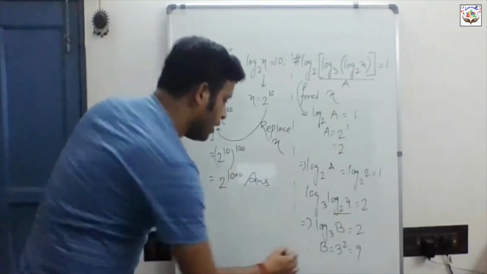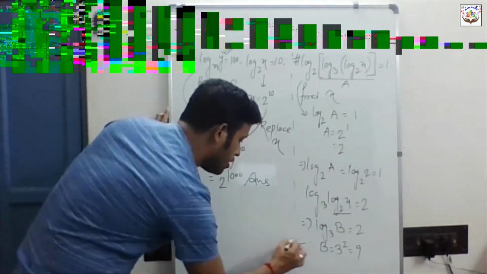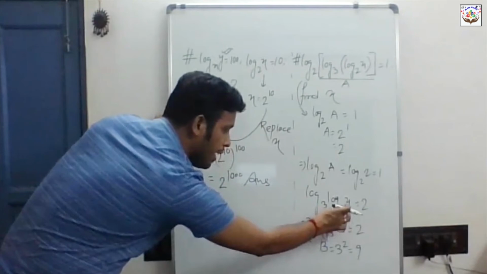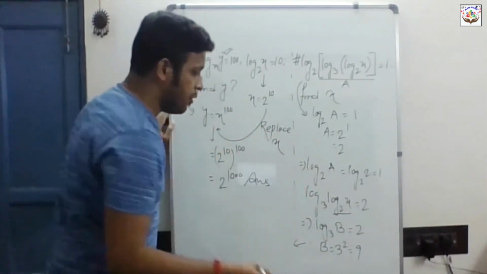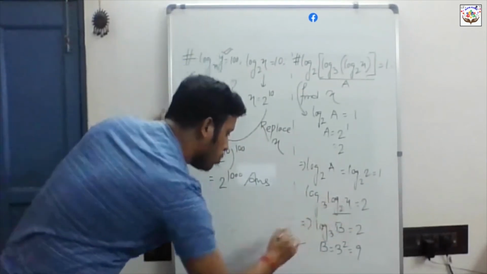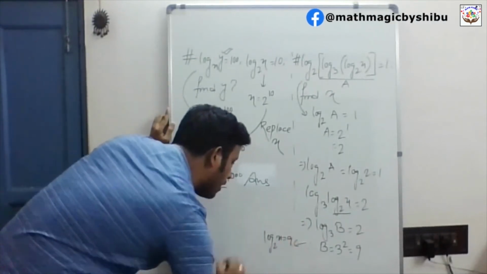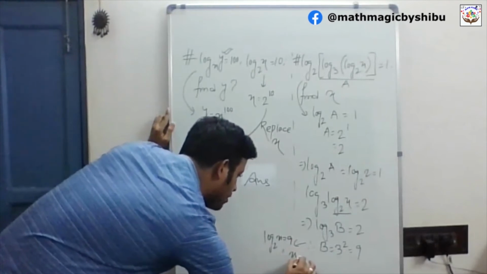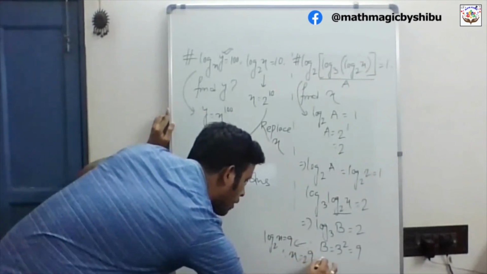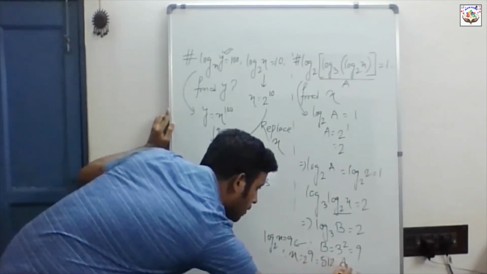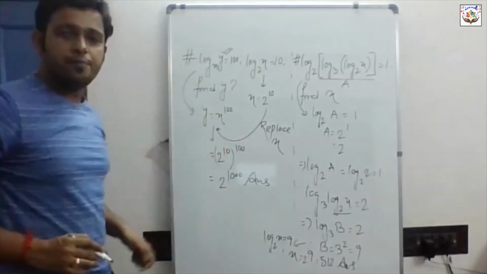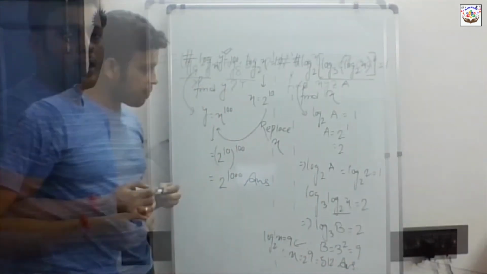Log base 2 of x equals b. So if we replace b by log base 2 of x, can we write log base 2 of x equals 9? That means x equals 2 to the power 9, which is 512. Easy one, I hope.